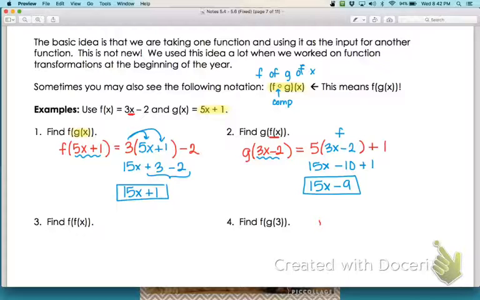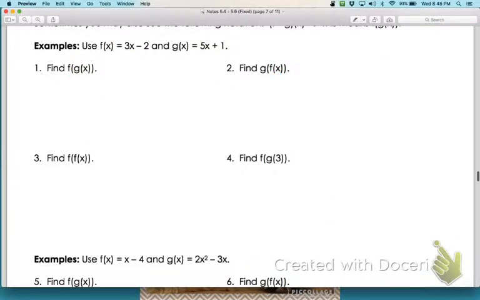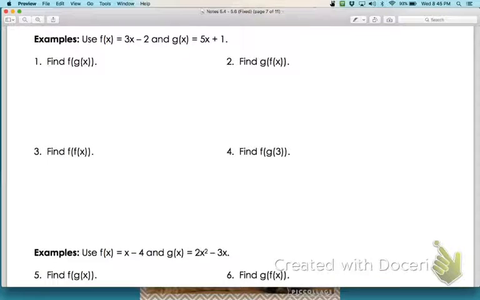Okay. If we look at number 3, this one always seems a little bit weird. We want f of f of x. What that is saying is take f of x and plug it back into itself, basically. So, in a similar fashion, we know that f of x is equal to 3x minus 2, so that's what we're going to start with.